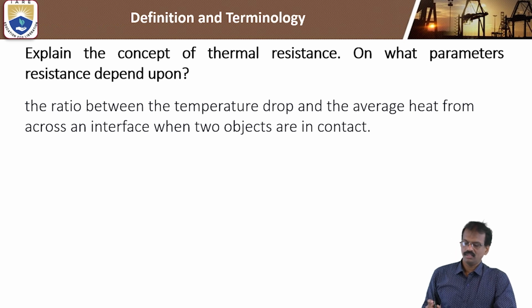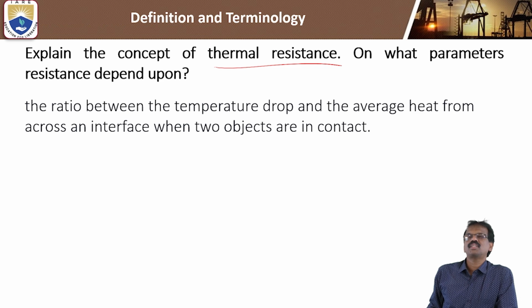Now we'll see the importance of the concept of thermal resistance, and what parameters resistance depends upon. Suppose Q is equal to the temperature difference delta T by R thermal.